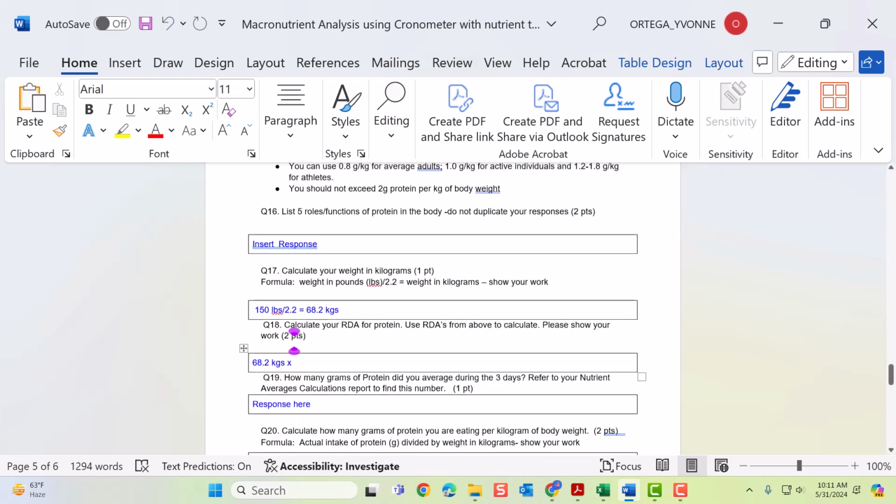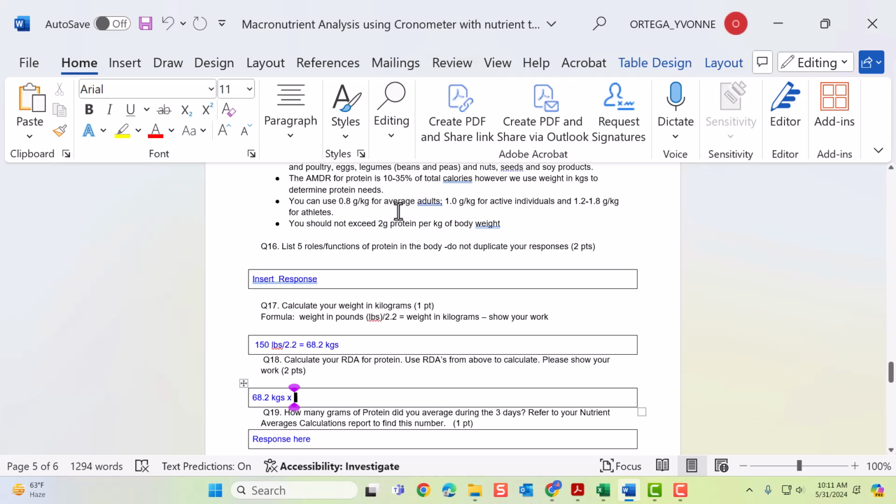I get to choose what amount of protein I want. This is what we recommend. 0.8 grams per kilogram for average adults. So if I'm sedentary, don't do a lot of movement, light exercise, I would use 0.8. So I would put 0.8 grams per kilo. But if I am very active, then you could go up to 1 gram.